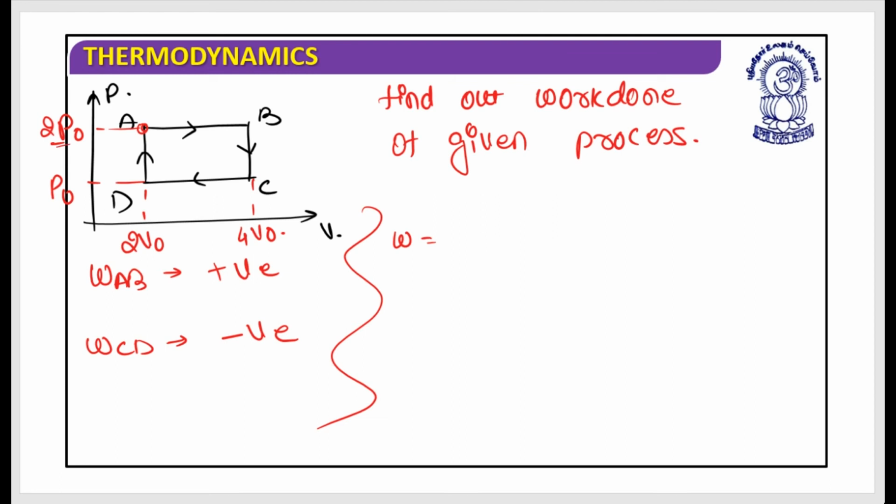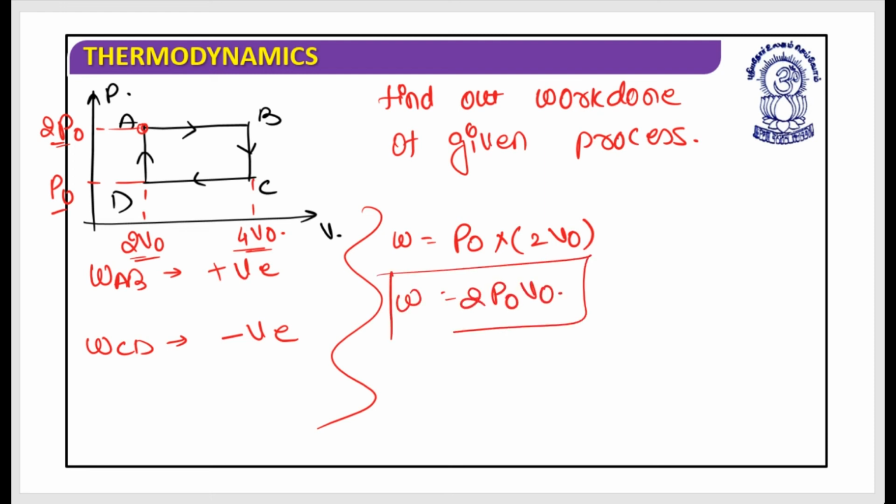So it's (2P naught minus P naught), that is P naught, multiplied by (4V naught minus 2V naught), that is 2V naught. So this equals 2 into P naught into V naught. This is the work done in the cyclic process.